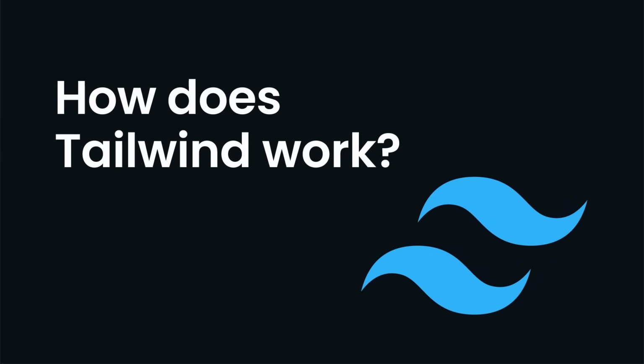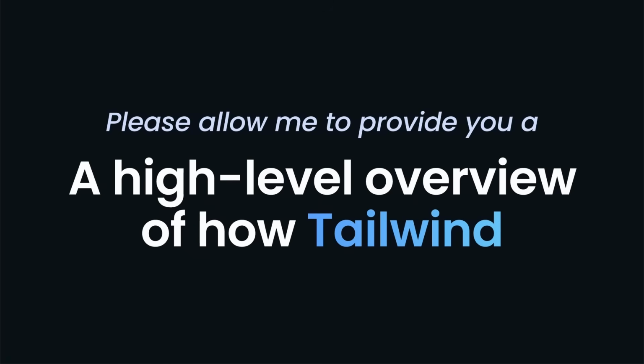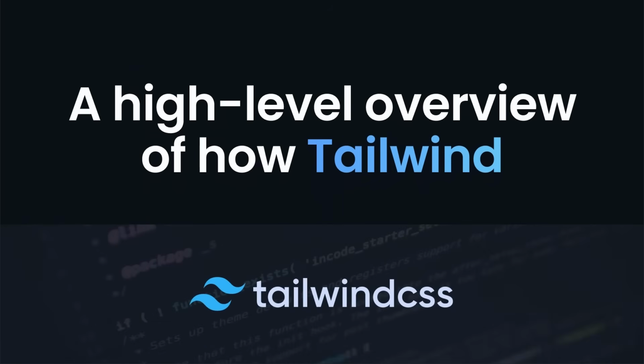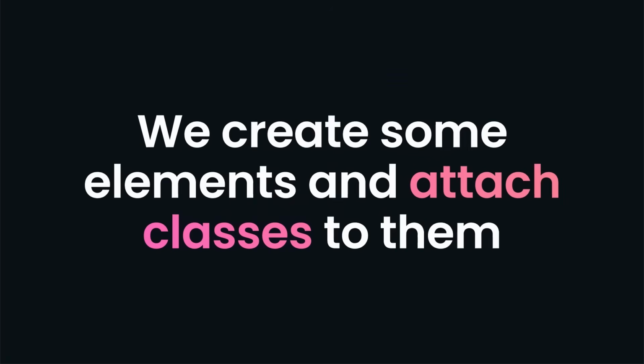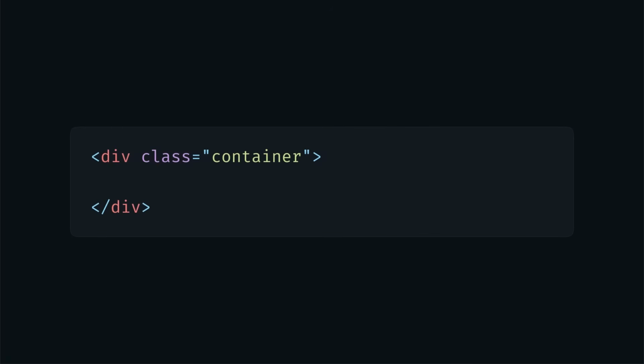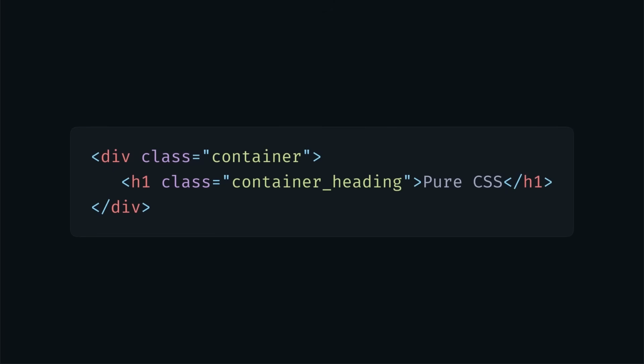How does Tailwind work? Well, please allow me to provide you with a high-level overview of how Tailwind works behind the scenes. To explain that, I want you to think of how we write pure CSS. We create some elements and attach some classes to them. A div with a class of container, and then within it, an h1 with a class of container-heading.